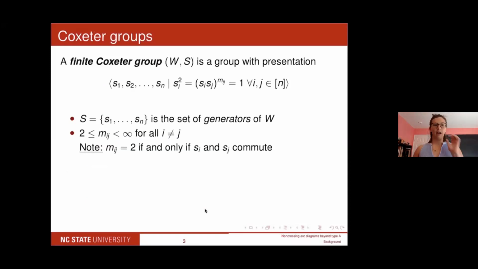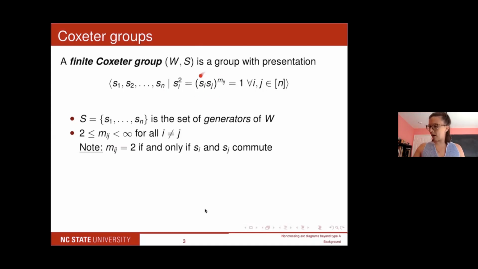Okay, so a little bit of background to start off. A finite Coxeter group, the group being W, S denoting our generating set, is a group given using the presentation with S1 through Sn, our generators, and then these relations on the right-hand side. Si squared is the identity. If you're a geometrically minded person, you might think, oh, hey, that looks like a reflection, and it is, and you can think about it that way.